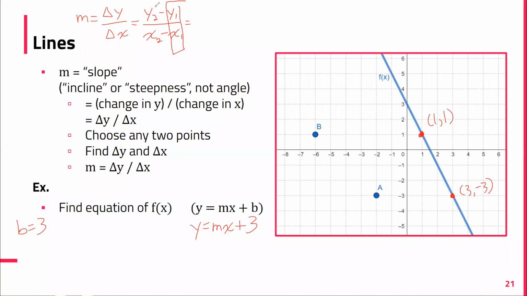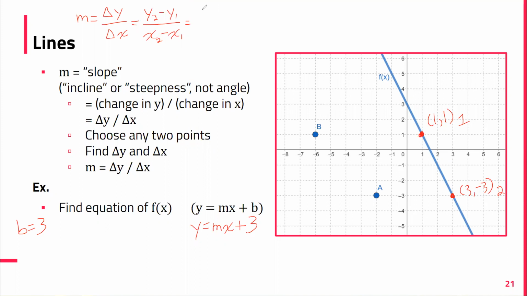This is a point and then this is a different point. Okay, so trick question, we don't care. It doesn't matter what order we do it in, as long as we don't mix up the coordinates for the points. So let's just say we'll do this one over here as 2 and this one over here as 1.